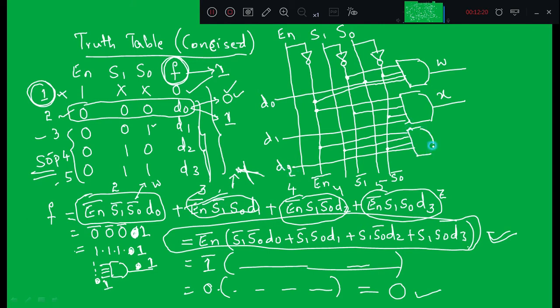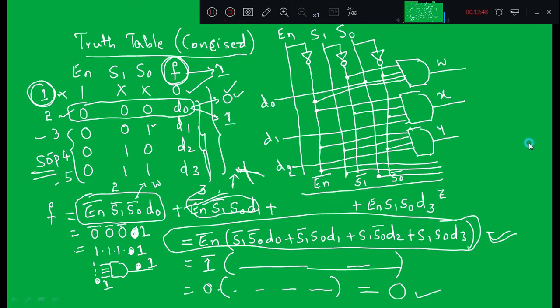Again these are given to the inputs of an AND gate, and the output will become Y. And the last one, enable bar, then S1, and S0, and the fourth input is D3. I have not drawn it properly, so please wait, let me erase some terms here. The last input is D3, and they are connected to a 4 input AND gate, and the output will be Z.